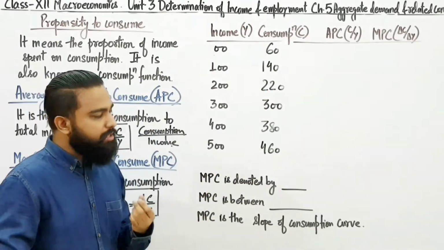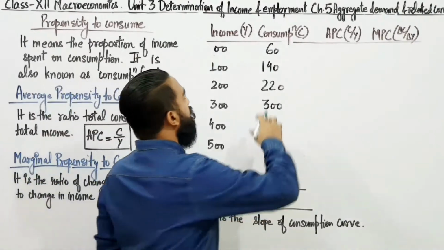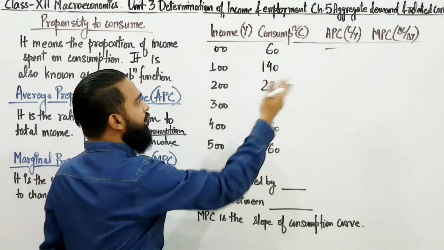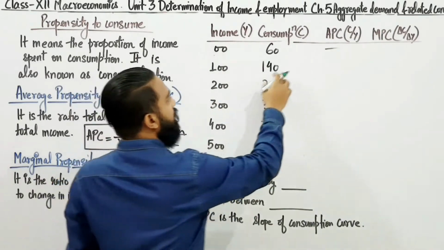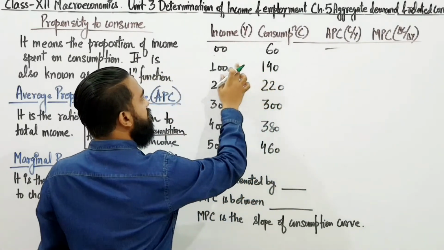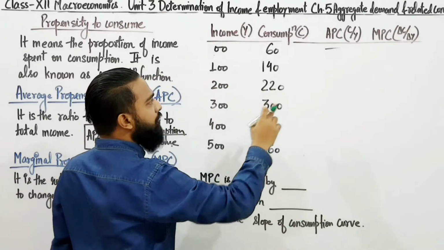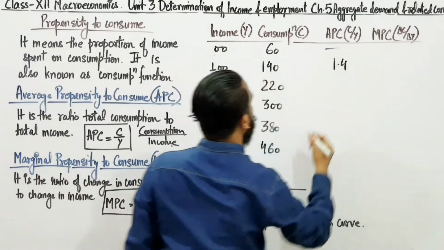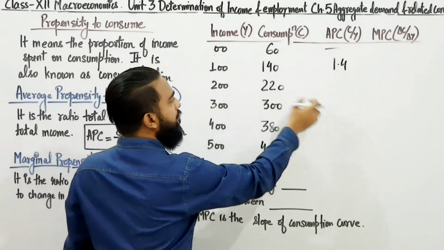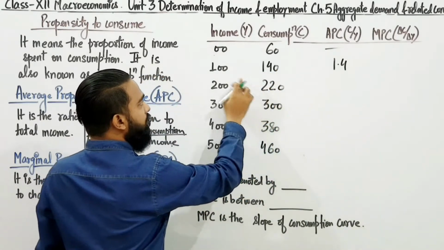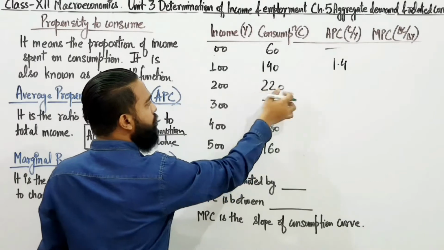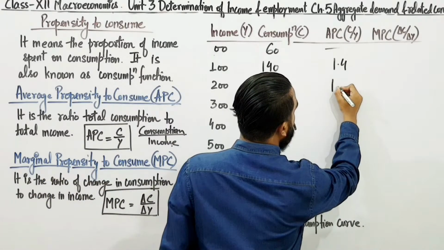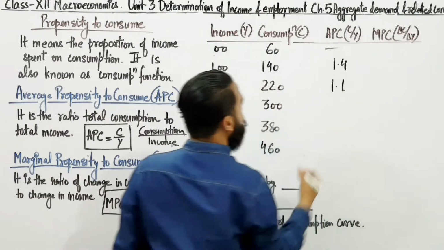Now we can easily calculate the APC. The income is 0, so you can put a dash over here because it cannot be derived. Now 140 upon 100, that will be 1.4. 220 upon 200, that will be 1.1.